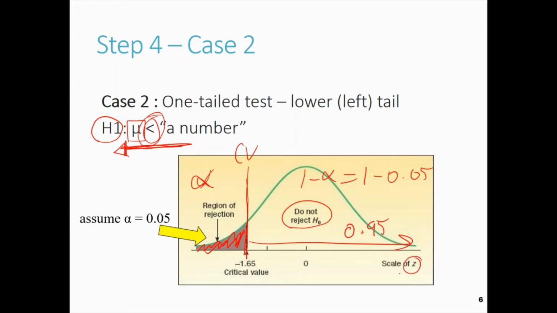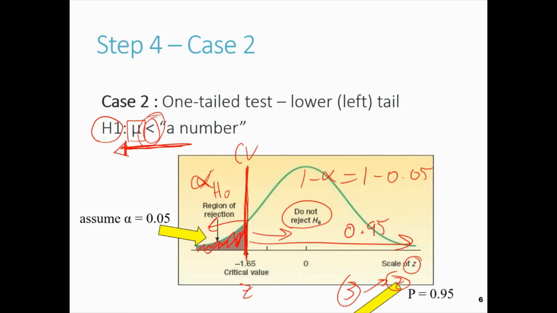Again, we're looking at the Z table, because on step 3 we decided that we're using the Z value. We need to figure out the Z value that separates the do not reject H0 zone from the reject H0 zone. The alpha is the area of rejection.